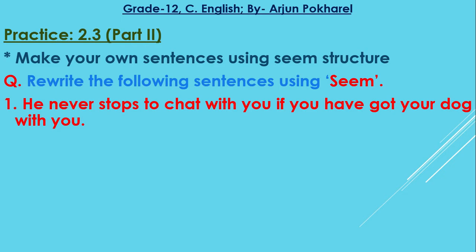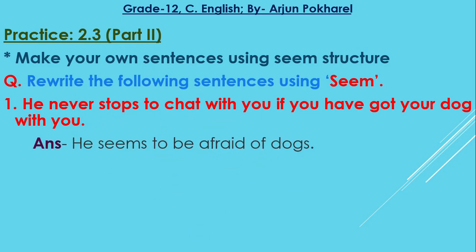What general impression do you get from such a person? The answer is simply: he seems to be afraid of dogs. Because when he has got a dog with him, then you will be afraid.